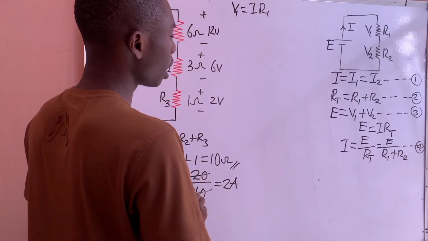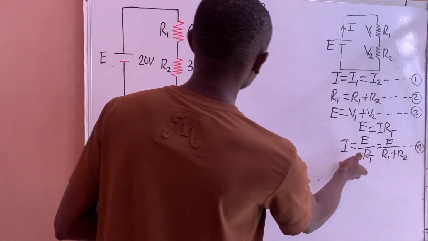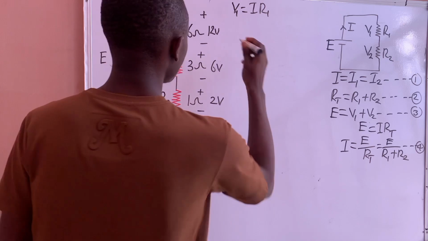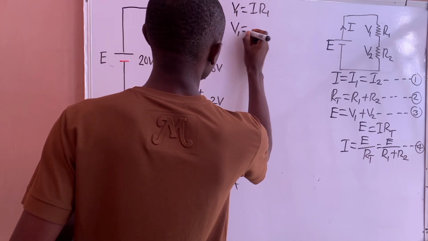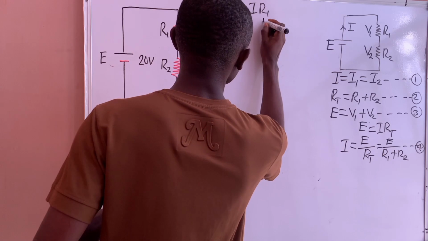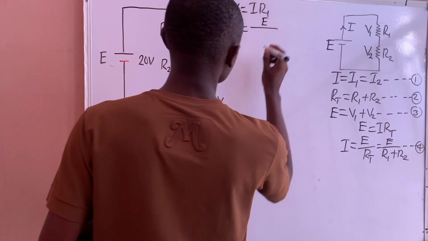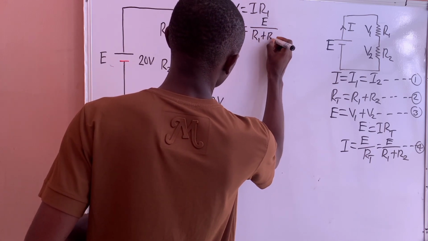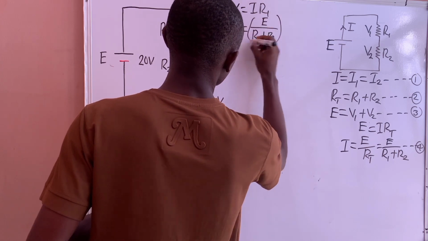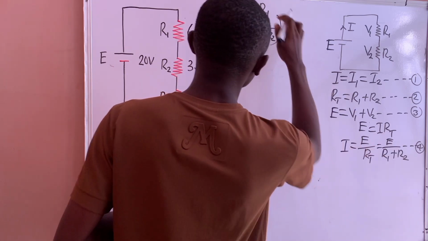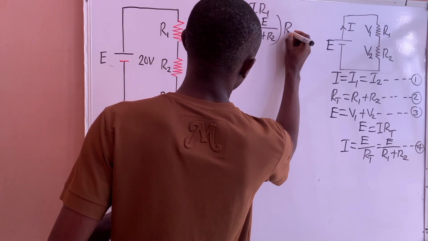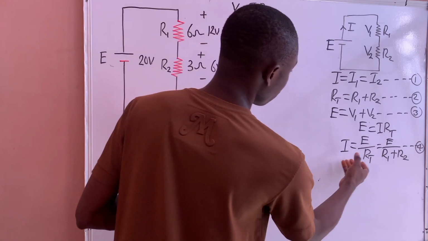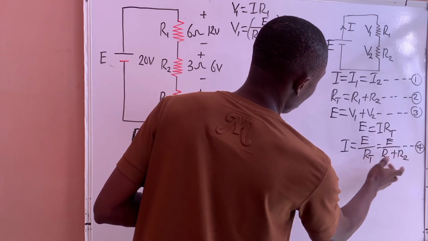All we need to do now is substitute the value of I into this equation. So V1 will be equal to E, the supply voltage, over R1 plus R2, multiplied by R1. We just substitute the value of I, which is E over R1 plus R2.